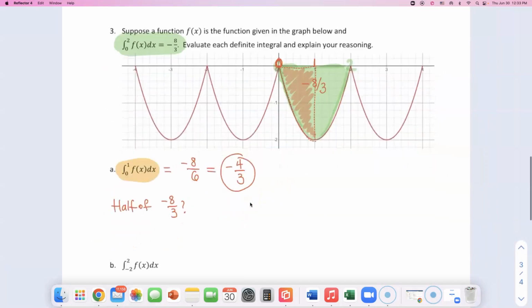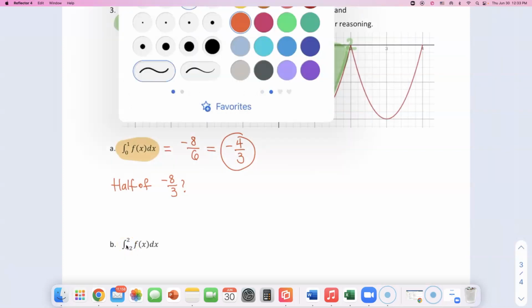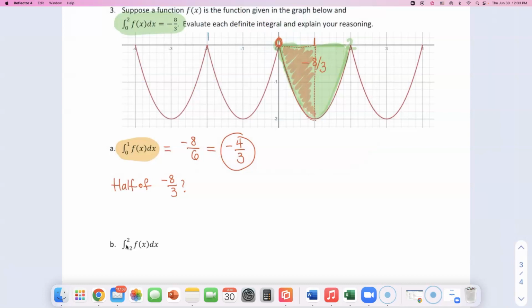Next part is asking, what is the area in between negative 2 and positive 2? So let's read those bounds. Use a different color. Negative 2 is right here, and then 2 is up here. Look at that. They want the bigger picture, from here to there. How many of these upside down McDonald's shapes, or this U shape, do we have? You see that we have twice that original green piece they gave us, right?